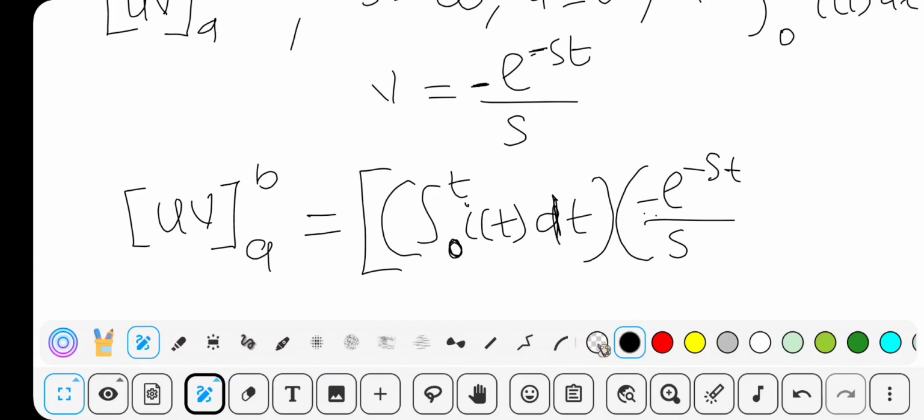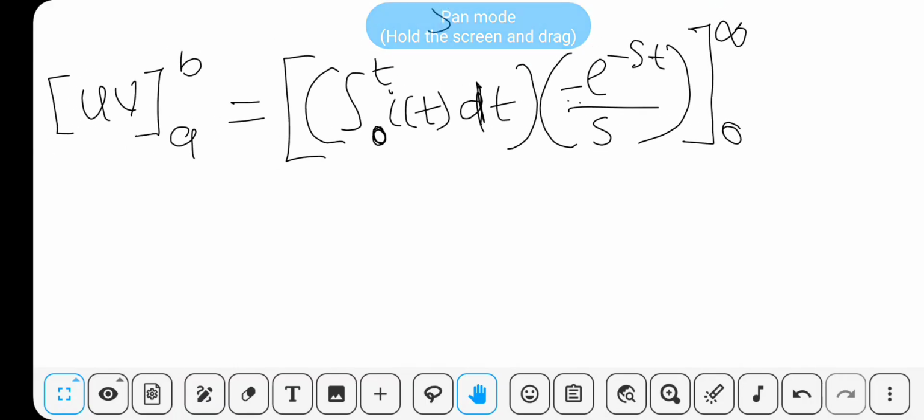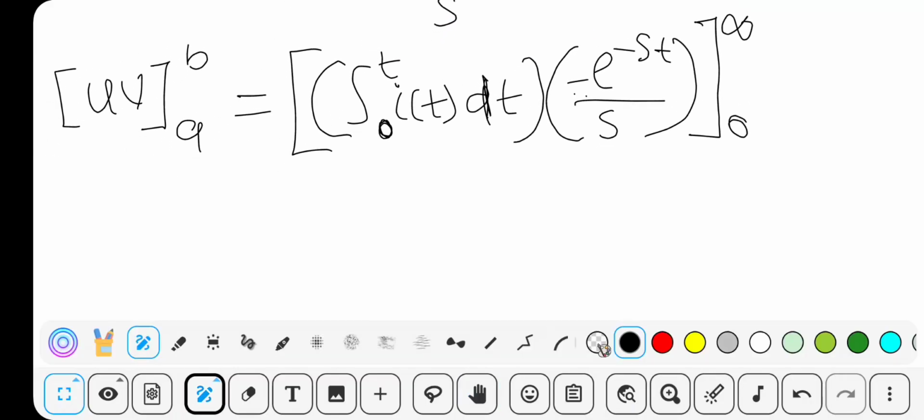So from 0 to infinity. Now we are going to do upper minus lower limit, from definite integral.